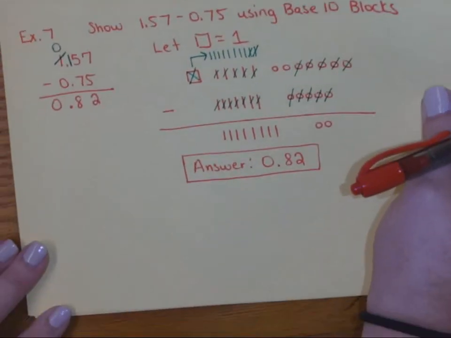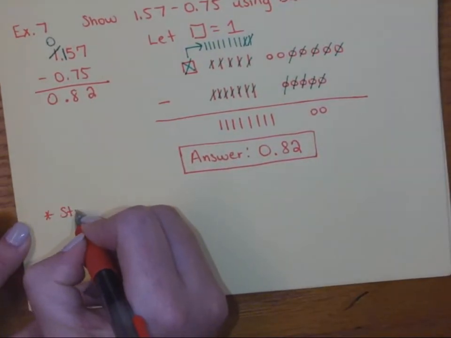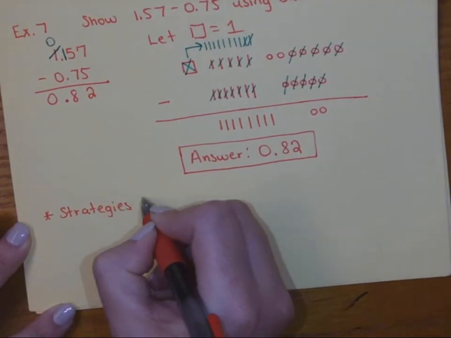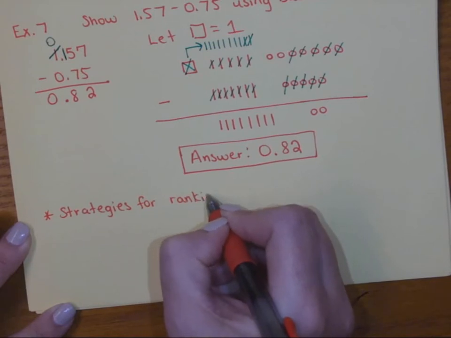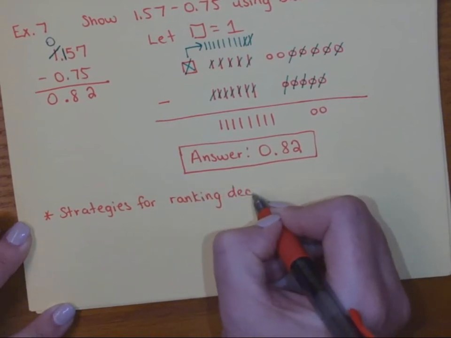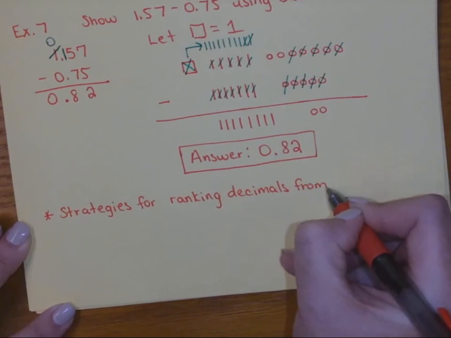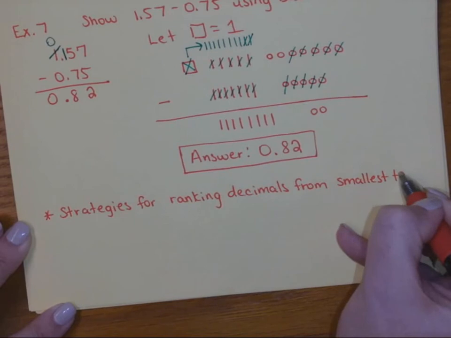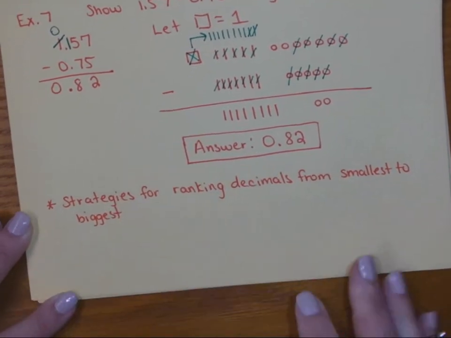Okay, so let's look at maybe some ways we can use these manipulatives, or maybe just some general strategies for ranking decimals. In other words, deciding which ones are smallest versus biggest. So I've seen lots of different strategies in the classrooms regarding this topic.